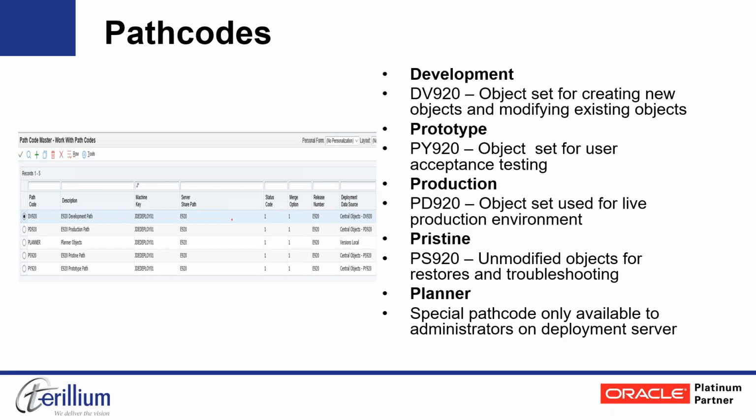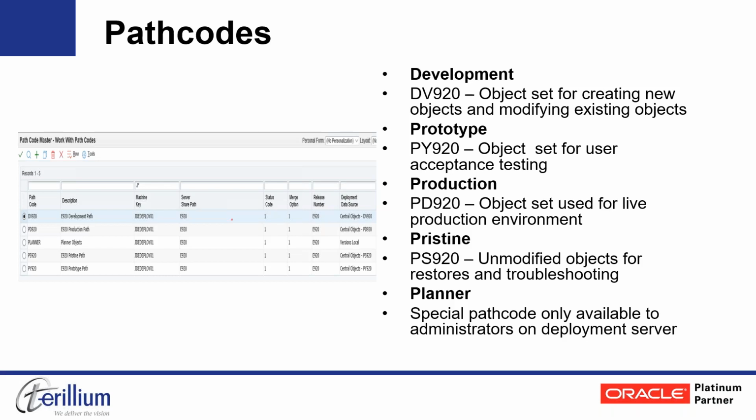This is usually beyond where unit testing occurs on the development side. This is where more integrated testing happens, where you don't want to just see if this object works, but how does it affect other objects in your business processes or in your interfaces, and making sure that that is successful. And then finally, your production object set is the set that your actual end users are using to run your business.